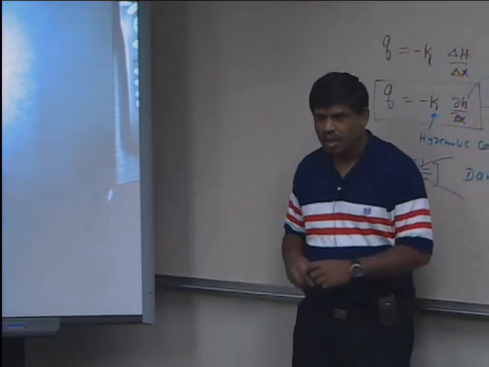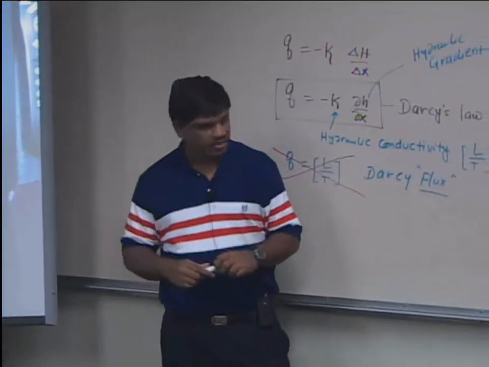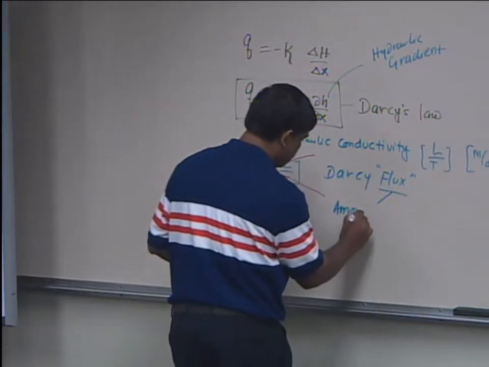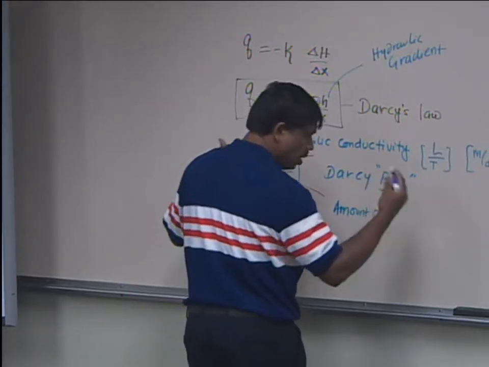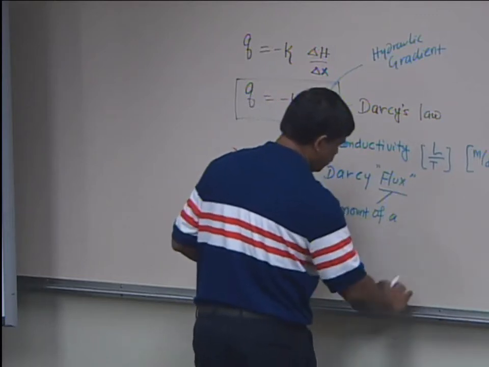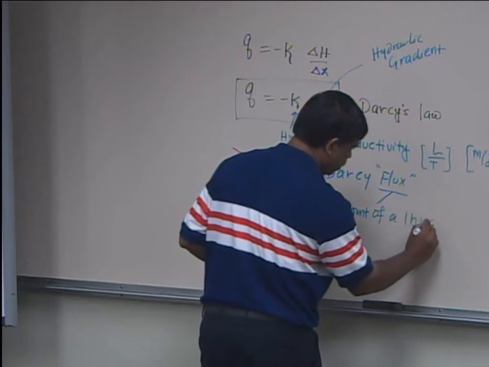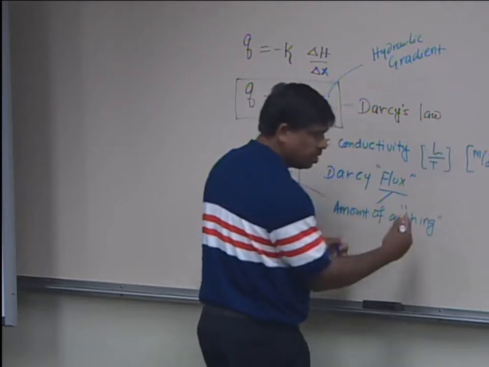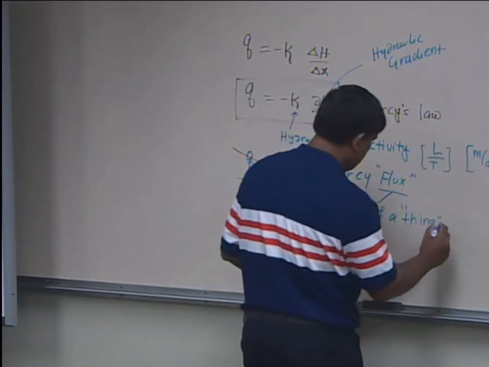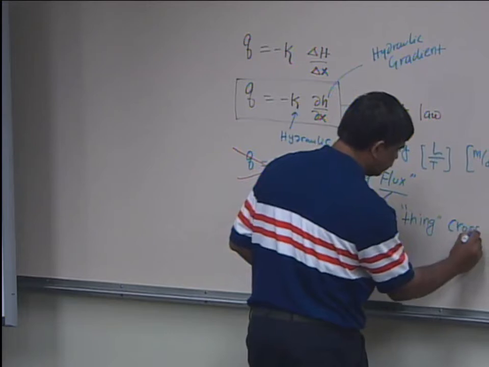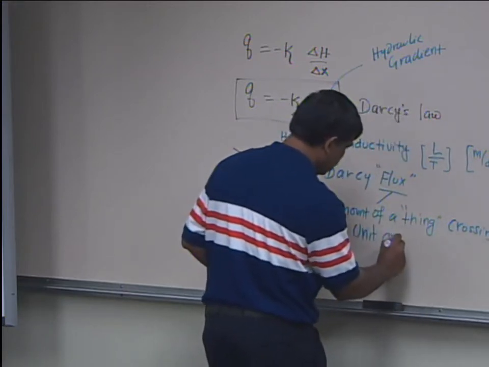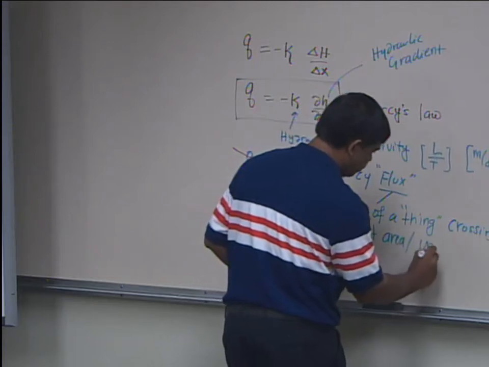Okay. A generic definition of flux is the amount of a quantity, a thing, if you will, which is, in this case, a transported thing, transported phenomena, crossing an area per unit time.